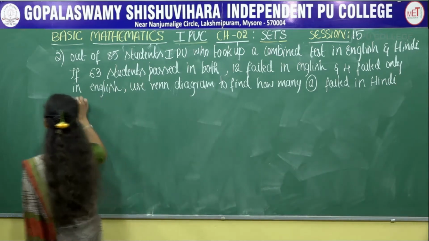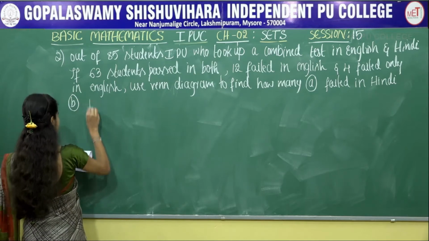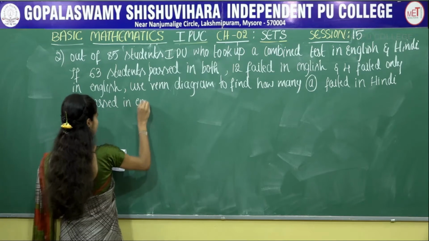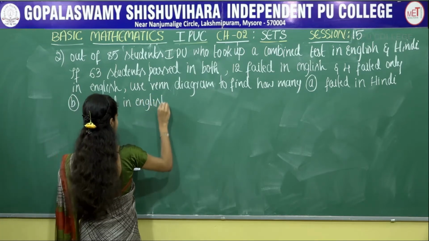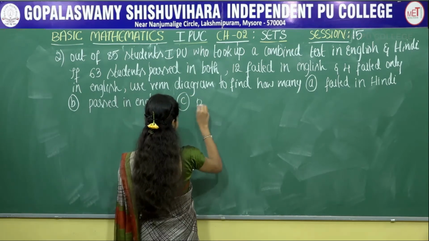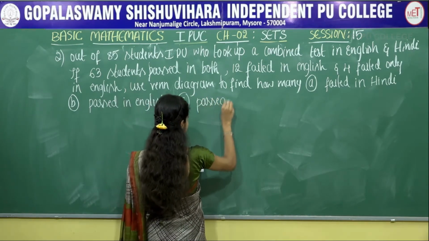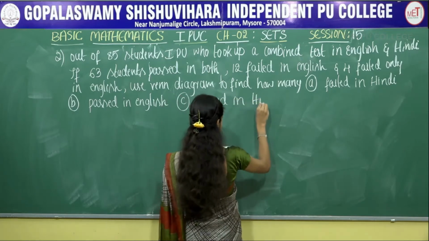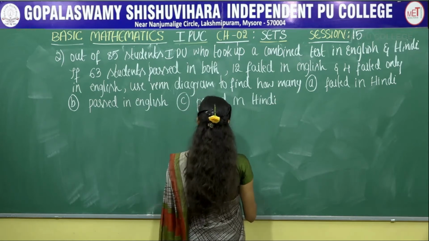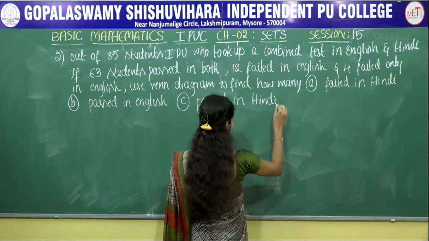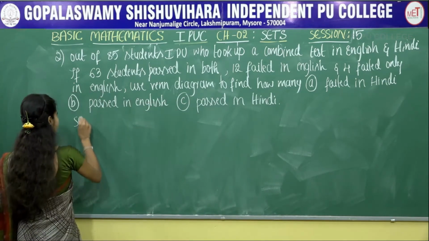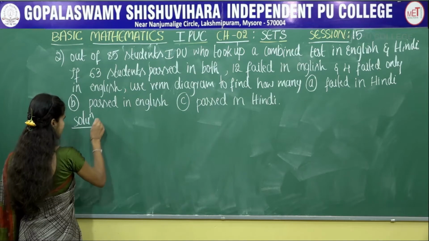Second sub question, B, passed in English. Third sub question, C, passed in Hindi. So first describe the set.